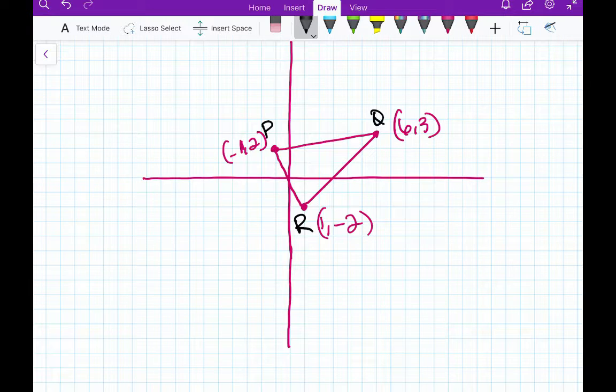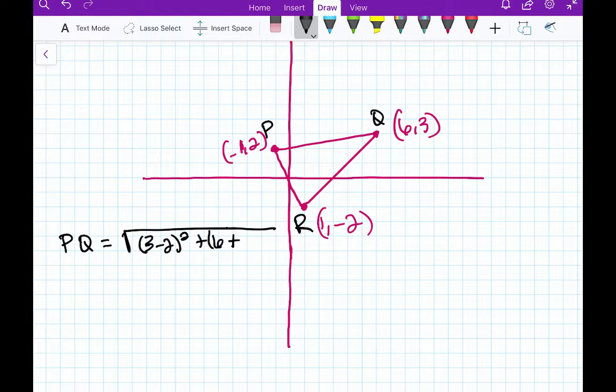PQR. And first I'm going to find the distance of PQ. I would encourage you to try this on your own first to see if you remember how to use the distance formula. So this is going to be the square root of 3 minus 2 squared plus 6 plus 1 squared. The reason it's plus 1 is because minus a negative is plus.